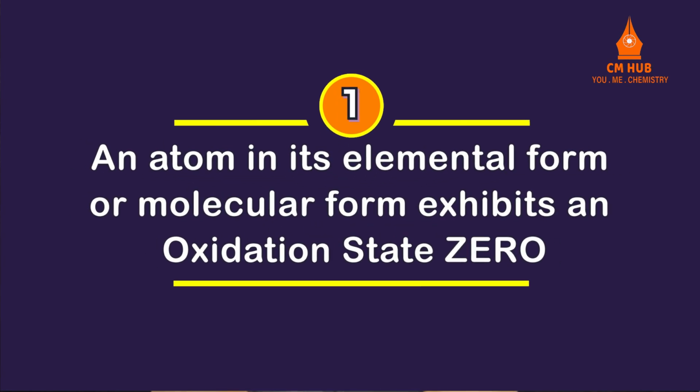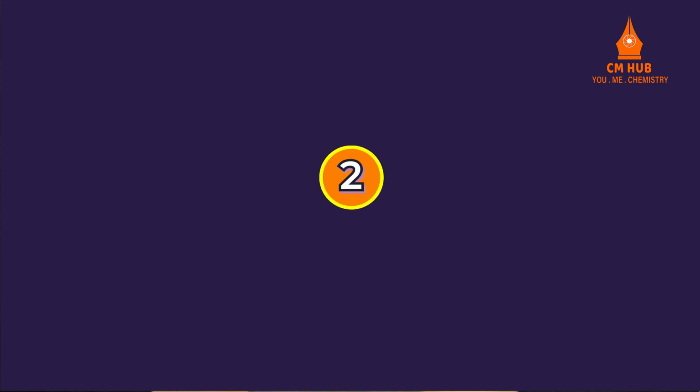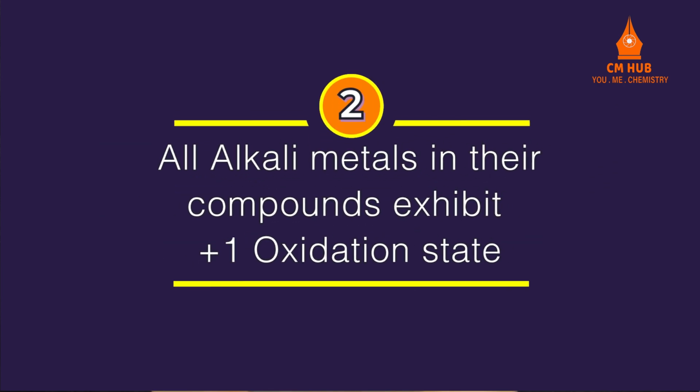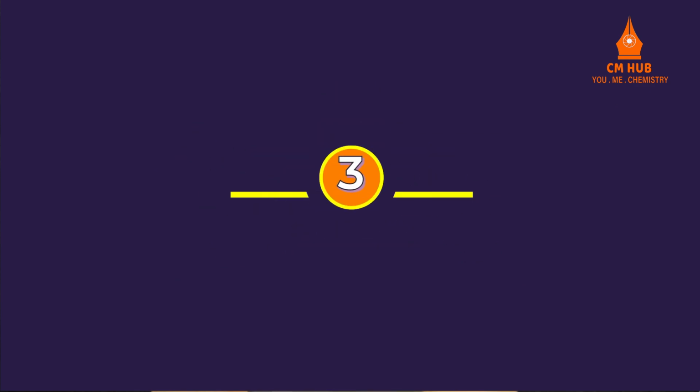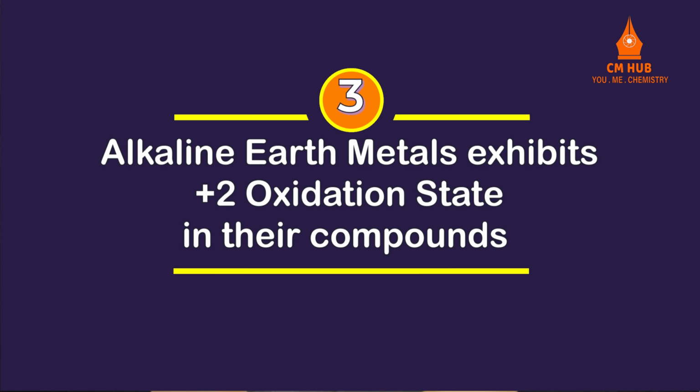Rule 1: an atom in its elemental form or molecular form exhibits an oxidation state 0. All alkali metals in their compounds exhibit +1 oxidation state. Alkaline earth metals exhibit +2 oxidation state in their compounds.